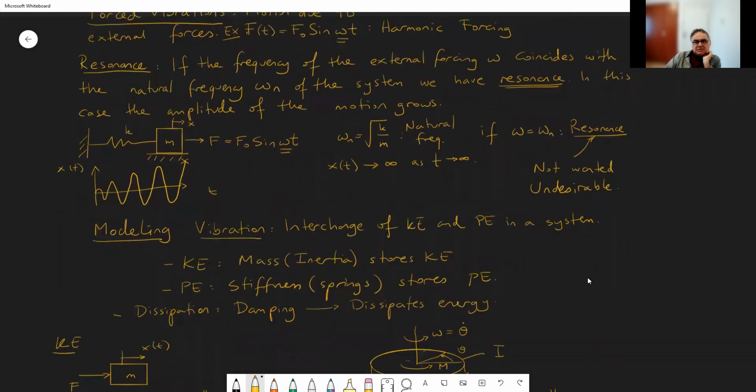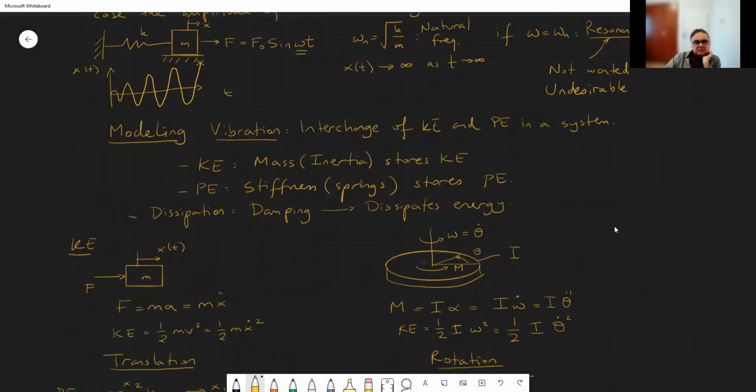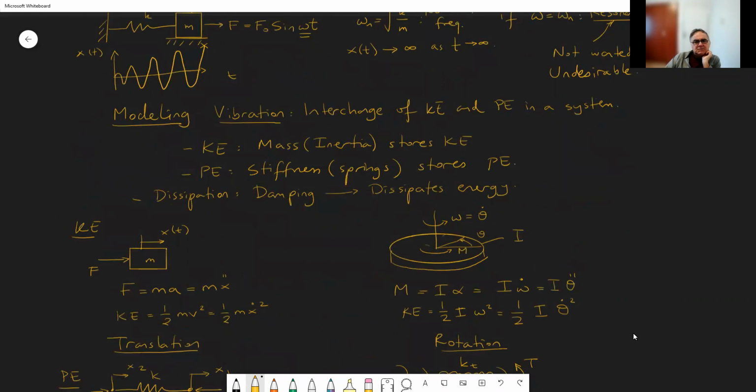Okay, other than that, we started the kinetic and potential energies. We have mechanical systems. Mechanical systems can be translational. These are translational, and these are rotational.